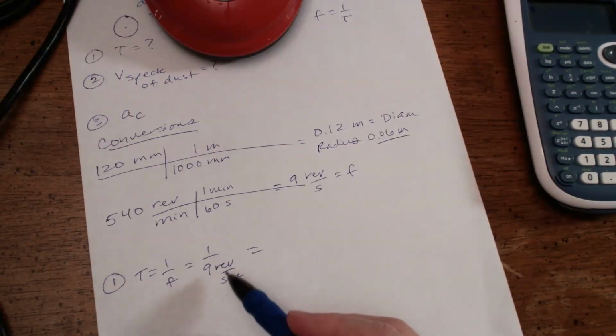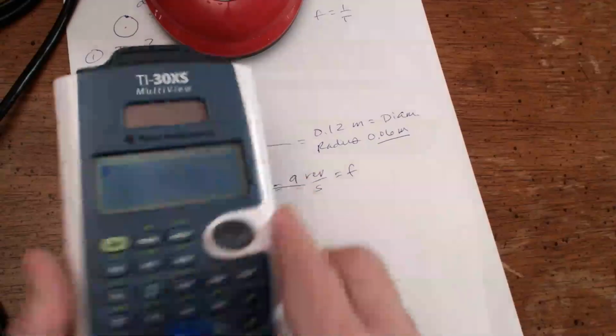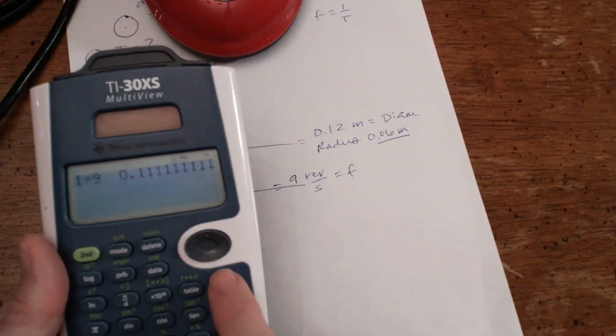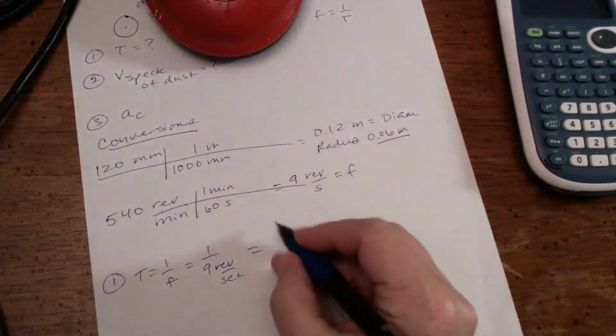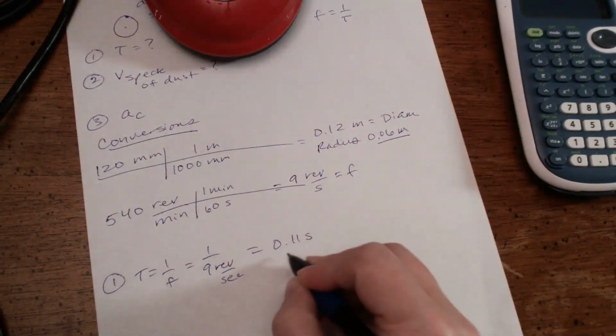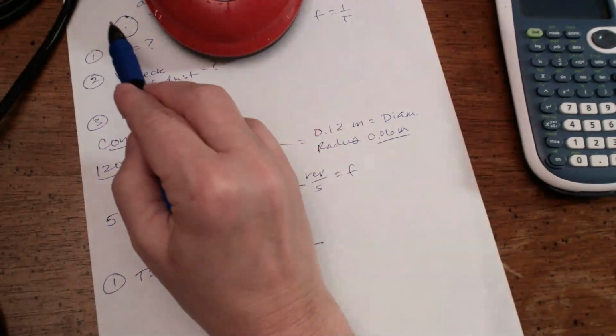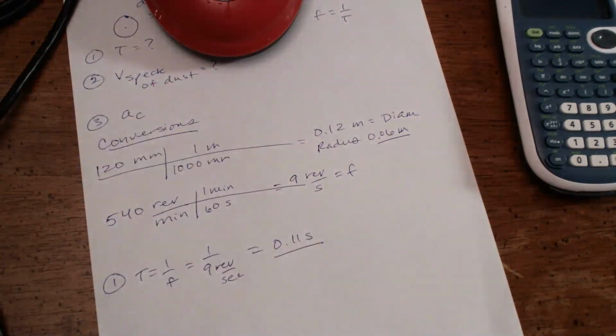It's like dividing by a fraction, more or less. So I'm going to end up with seconds on the top. And that's going to give me 0.111 forever and ever. 0.11 seconds. So that's my period. So it takes 0.11 seconds for the CD to spin around 1 revolution.